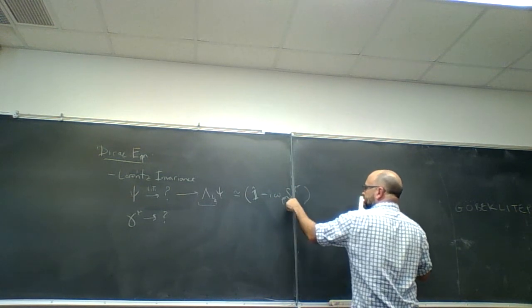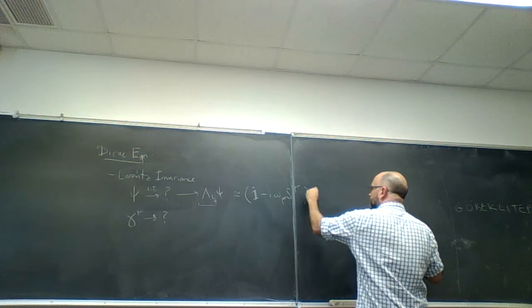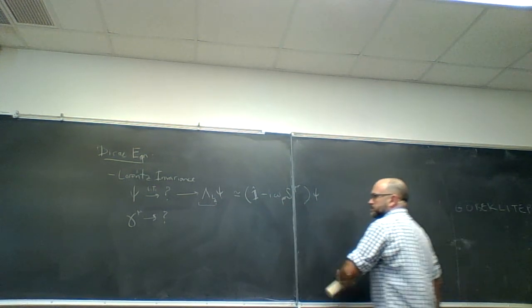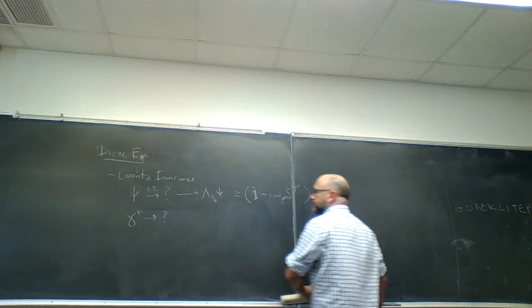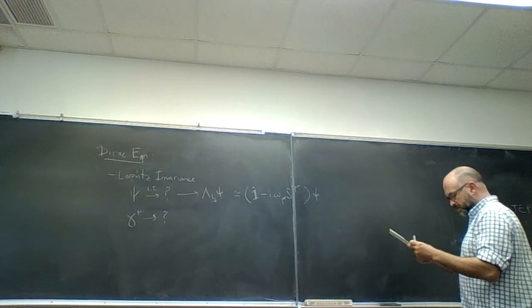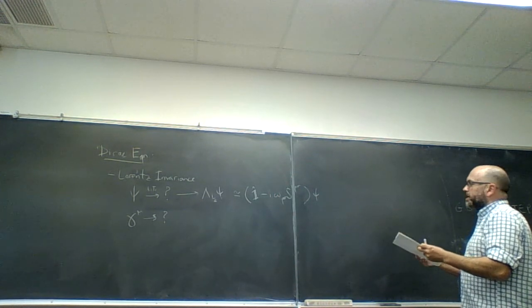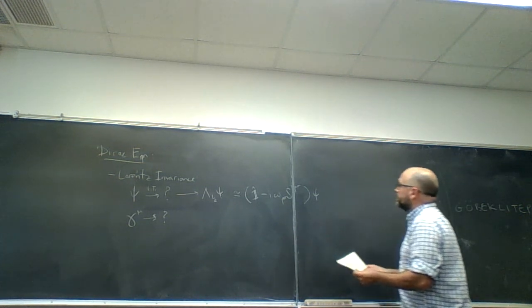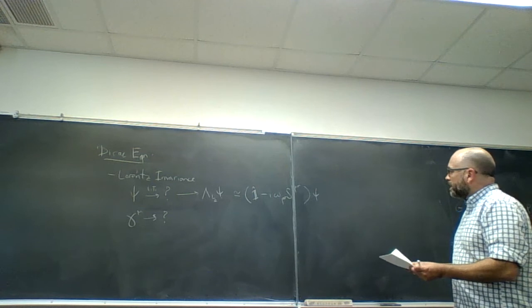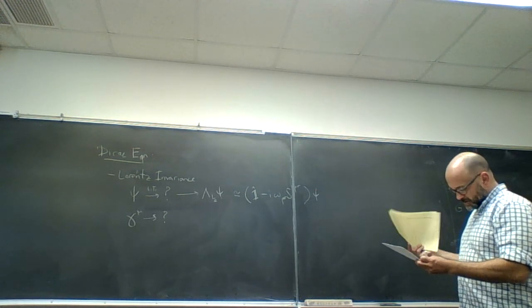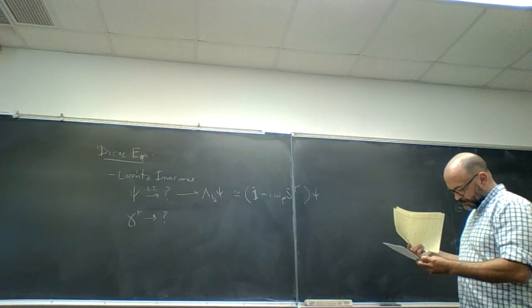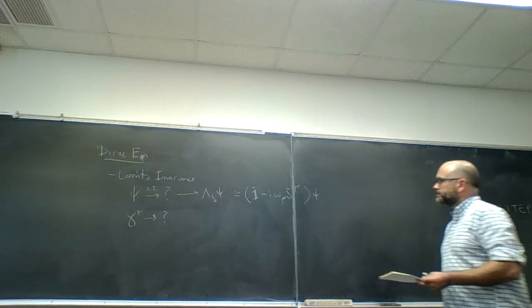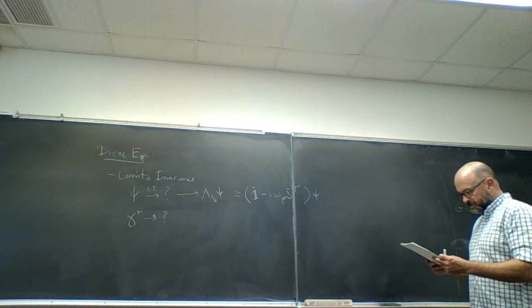These S's are the generators of Lorentz transformation in this spin 1/2 representation. Okay? And remember, these guys obeyed a certain commutation relation that it needed to satisfy in order to be a good generator for a Lorentz transformation. Okay?